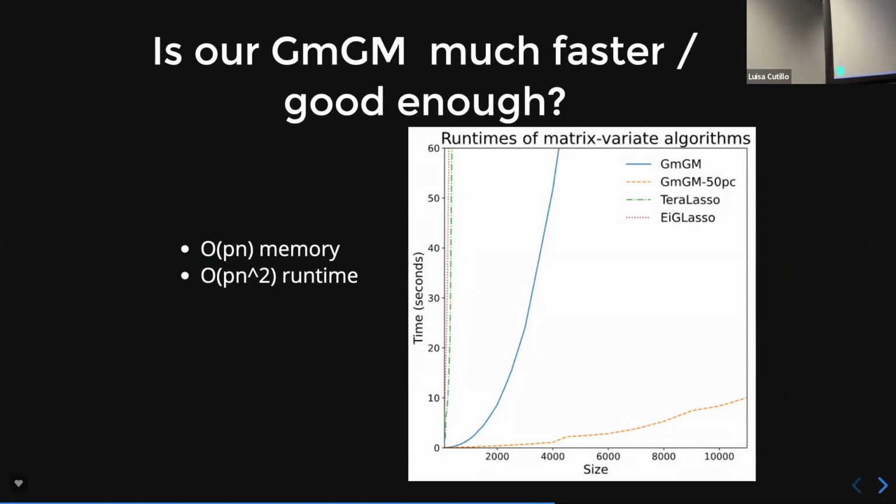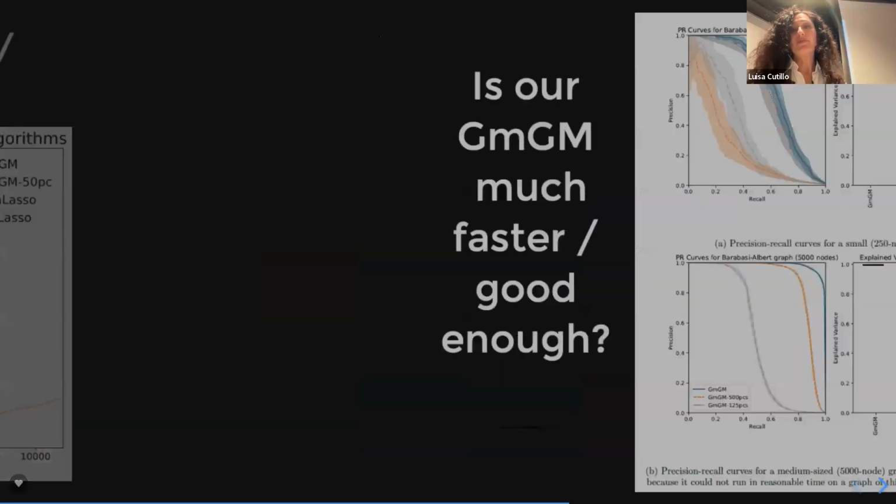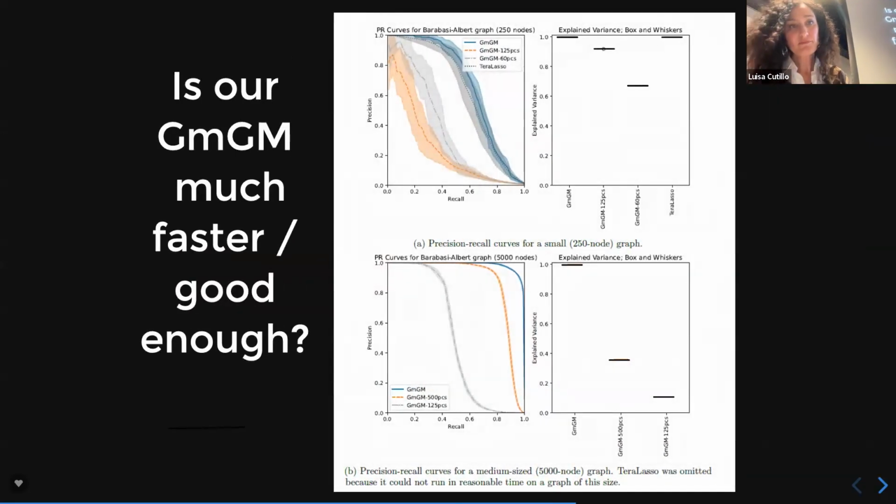So this is an example of the runtime. Those were TeraLasso, ELLIS, GMGM that we discussed so far. And then if we say, okay, we don't want to keep all the principal components, we just cut to 50 principal components, this is the runtime. Of course, this is like a wild cut because we did it just for the sake of making this plot, but there are reasonings you can do about the number of those principal components.